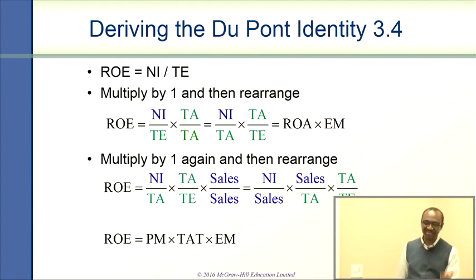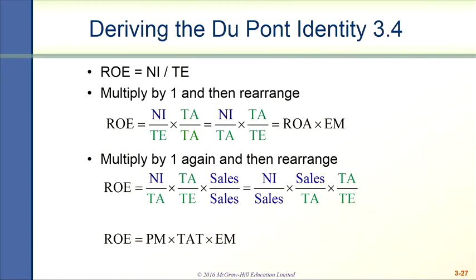So in essence, the return on equity will be the profit margin multiplied by total asset turnover multiplied by the equity multiplier, which is the Du Pont identity. So how do we use it?